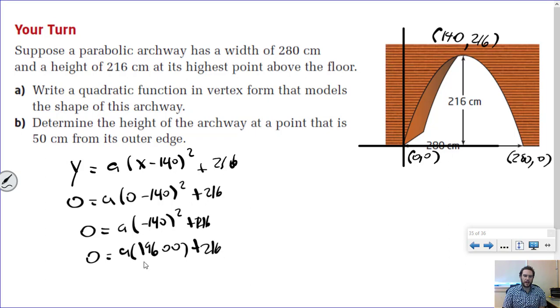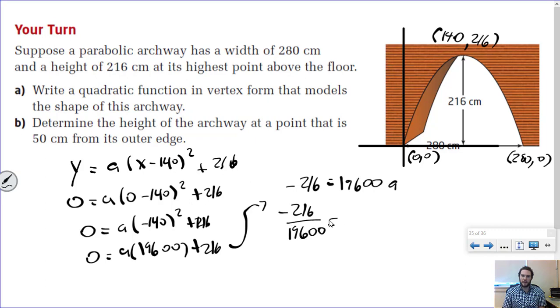Now we're trying to get a by itself. First we move the 216 over, so we get negative 216 is equal to 19,600a. Divide both sides by 19,600. So negative 216 divided by 19,600 is equal to a.